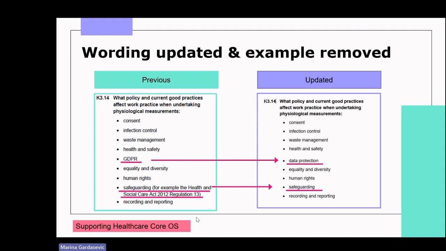So in regards to wording updated and example removed, in this example of K3.14 of the Support and Healthcare Core, we can see some wording has been updated where GDPR is now data protection. The examples in the safeguarding bullet points have been removed.